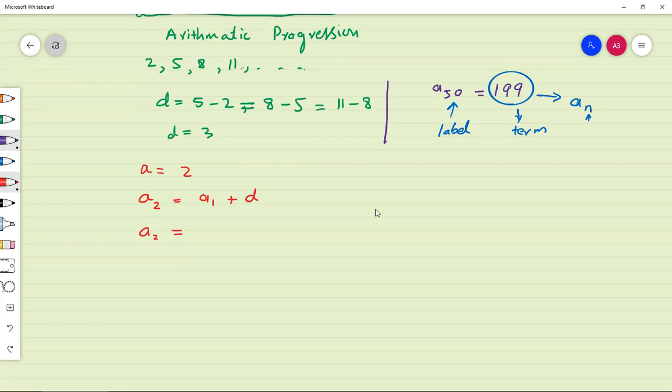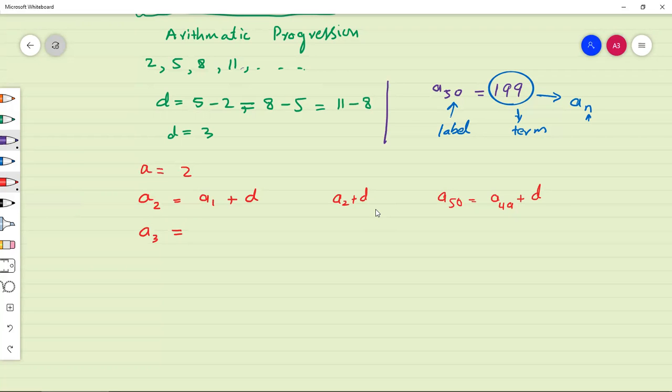How can we find the third term? Somebody said A2 plus difference. But in this way, we cannot find the 50th term directly. For example, you can write A50 is equal to A49 plus d, but we also don't know the 49th term. So this is not the appropriate way.